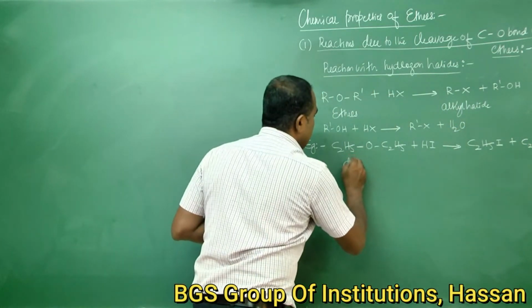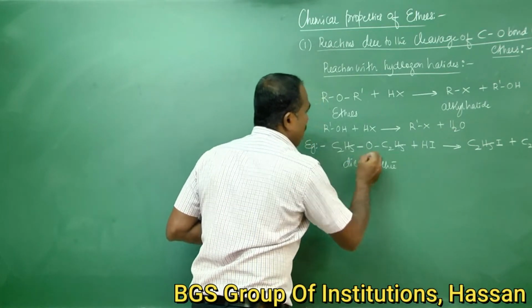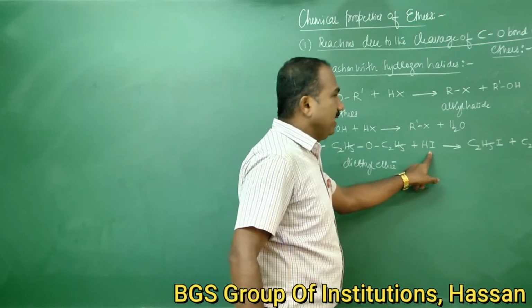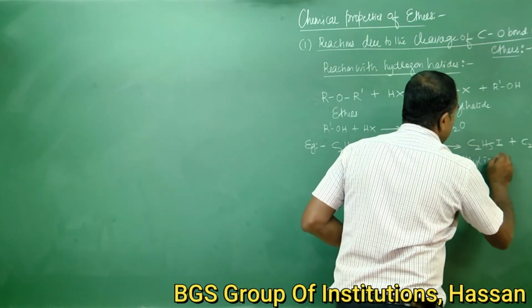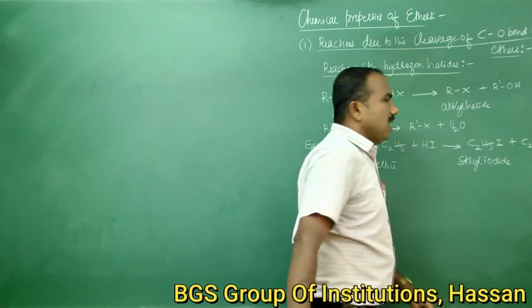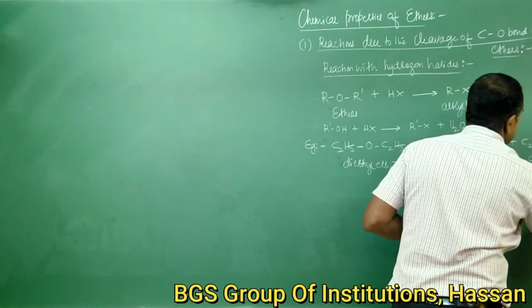When diethyl ether on heating with hydrogen iodide gives ethyl iodide, or iodoethane, plus ethyl alcohol.